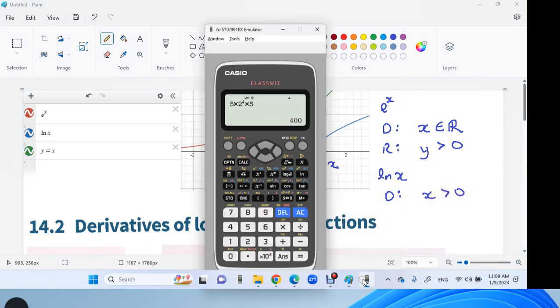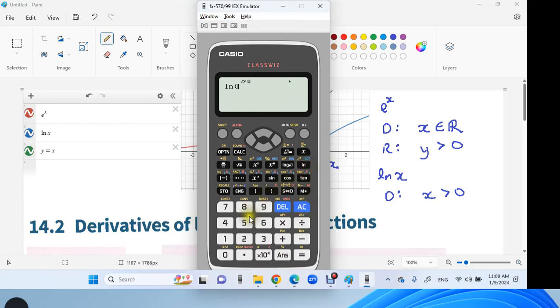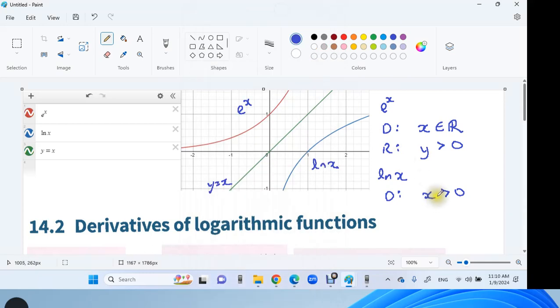Okay, ln we cannot have 0 here. Let's say we see here ln 0, math error. And then we have the negative number, also math error. Okay, ln only can use for positive number. Can be decimal point, no problem, but not 0. The x must be greater than 0 for the ln x, and the range for ln will be any number.